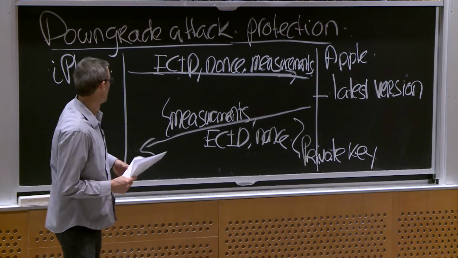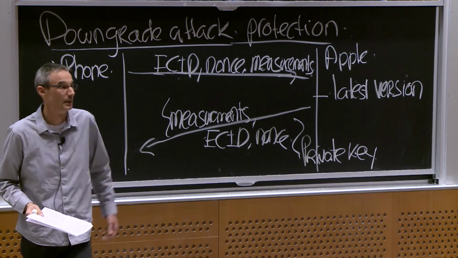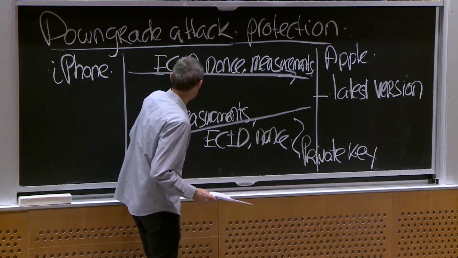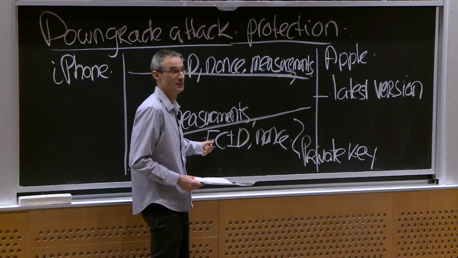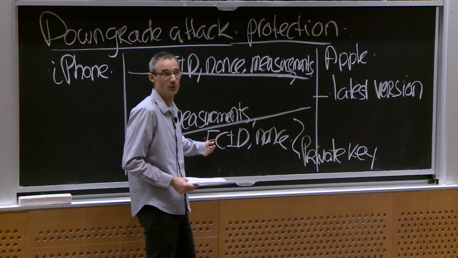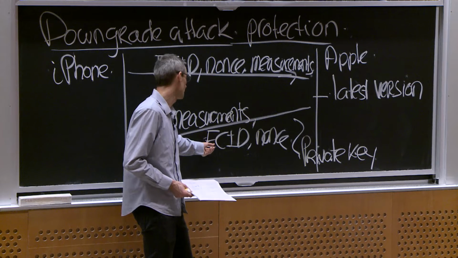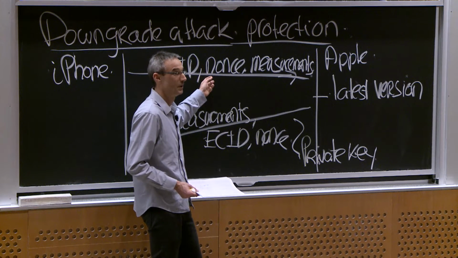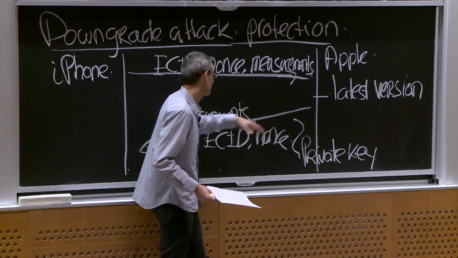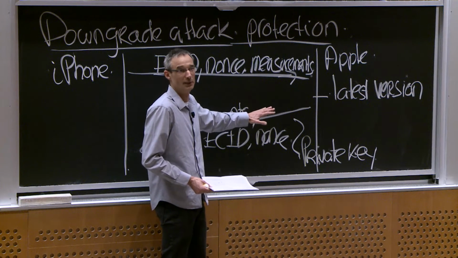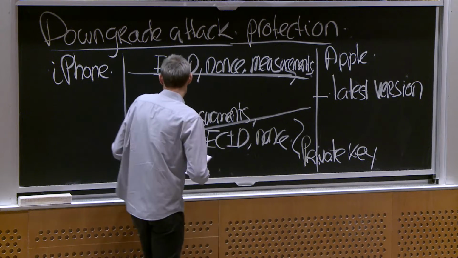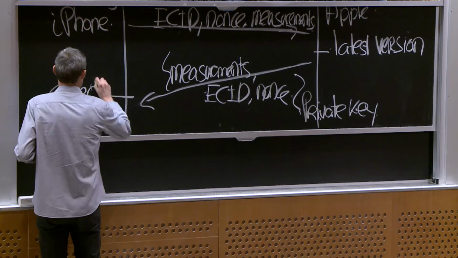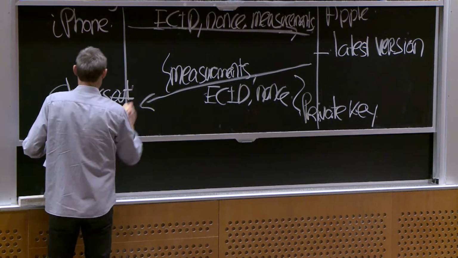And so when the software on the other side receives it, it will check that the signature checks out. If the signature checks out, we'll check the ECID, that these are indeed the measurements for its phone, that the phone is being upgraded. And we'll check the nonce just to make sure that this is not an older version that the attacker recorded a year ago and then replays. And so basically, if all this stuff checks out, then do the upgrade.